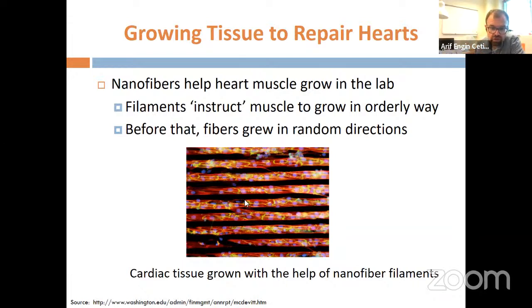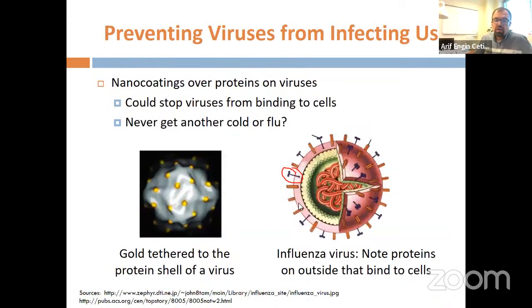Here in the figure, you see the cardiac tissue grown with the help of nanofiber filaments. This is pretty much the same type of aim, the goal I'm pursuing in my lab.